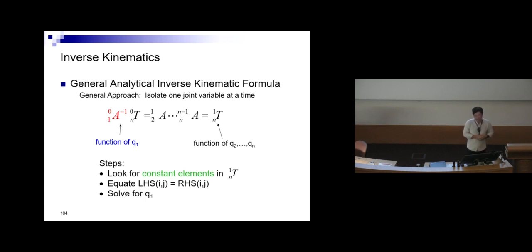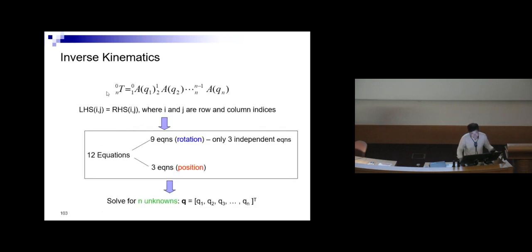With that, you can use a method called the general analytical inverse kinematic formula. The approach is basically to isolate one joint variable at a time. For example, the first joint is q1, so I will try to determine q1. To isolate q1, if I multiply 0,1A inverse to the left and right side, I will essentially remove the first element.